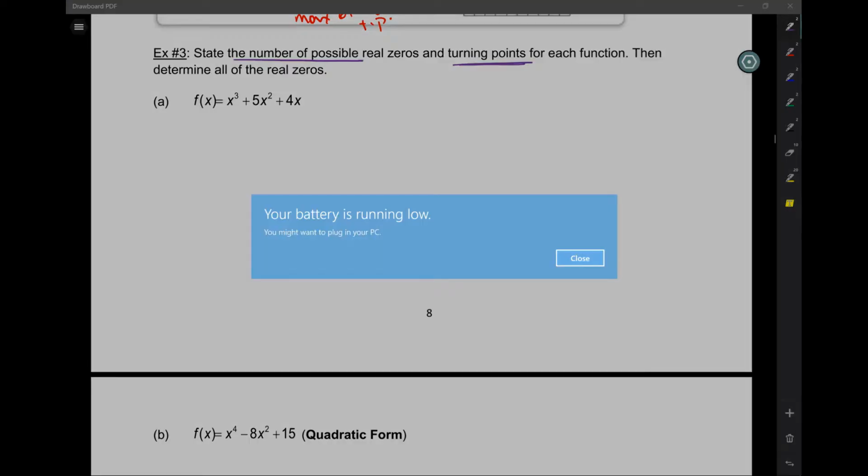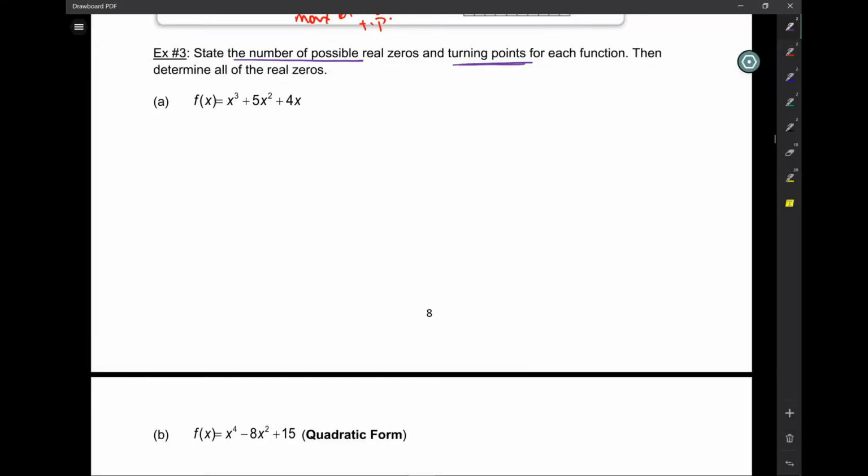Okay, so how many zeros will this have? How many possible zeros? 3. Okay, so the degree is 3.